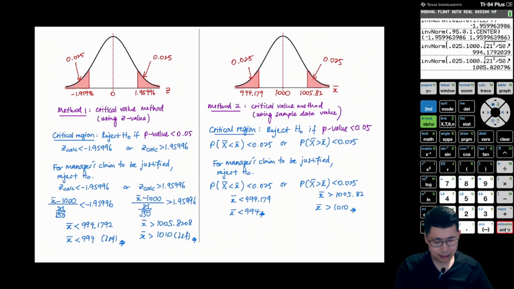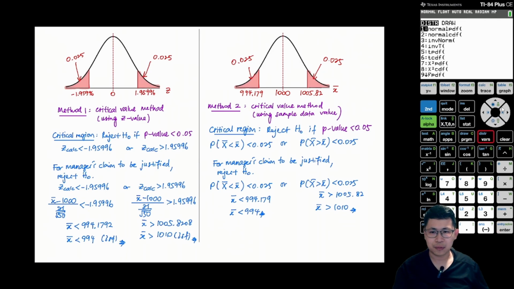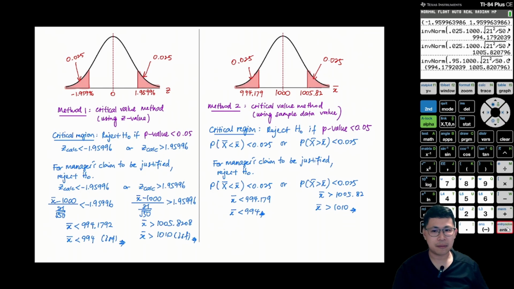For method 2, it seems a little bit more straightforward, but the way we key in the distribution, we have to be careful. An alternative way, once again, is that we can make use of the 95% in the middle, so we don't have to key in twice. If you make use of 95% in the middle, you can see that it corresponds to these two values over here.